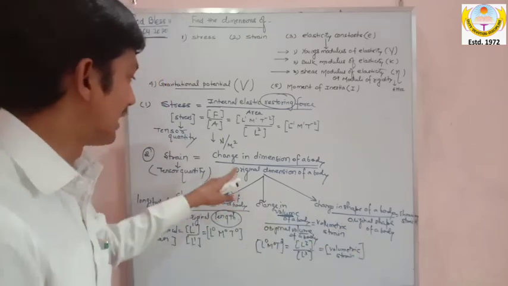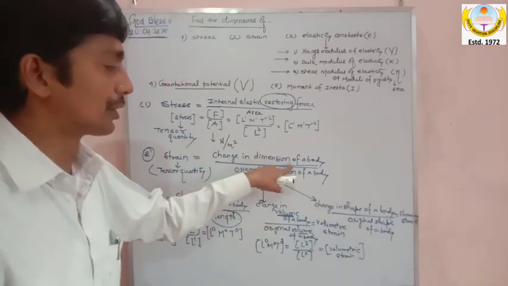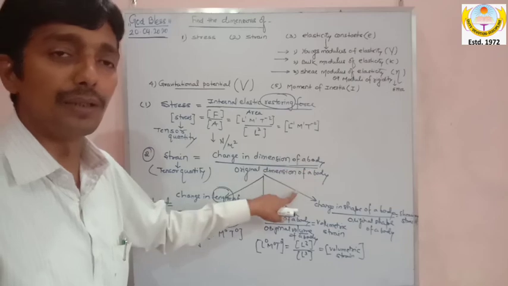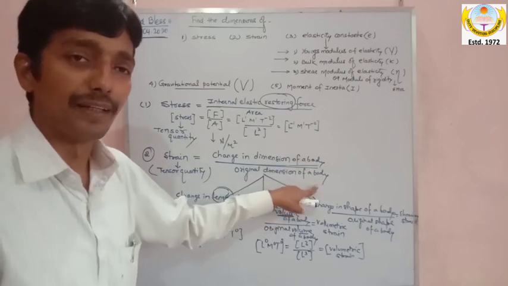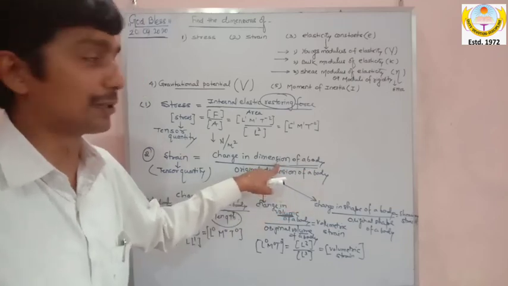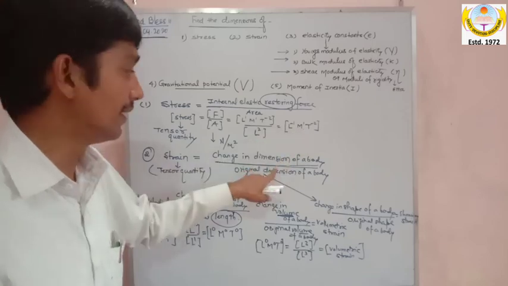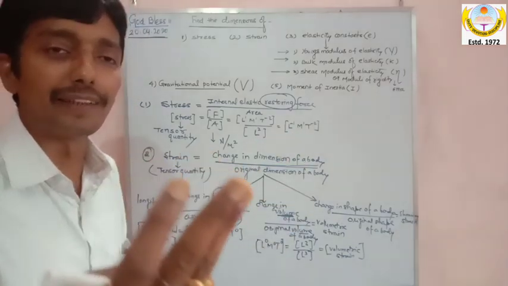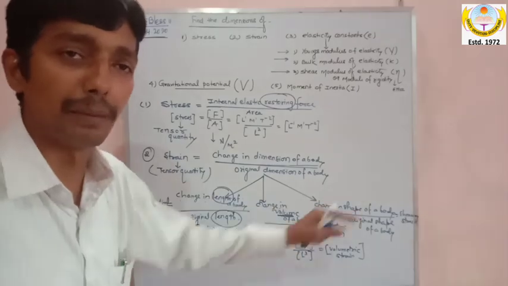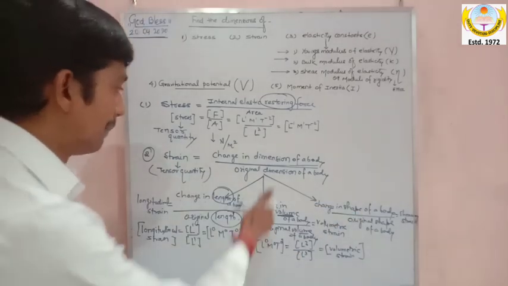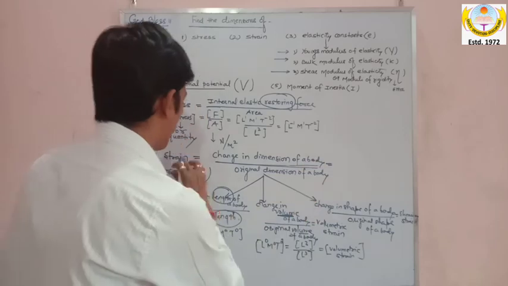Now, my dear, that's why I have written change in dimension of body to the original dimension of the body. Please don't get confused with this dimension. They are the dimension of physical quantity, whereas dimension of body is in terms of length, volume and shape. So ultimately, what will be the dimension for strain?